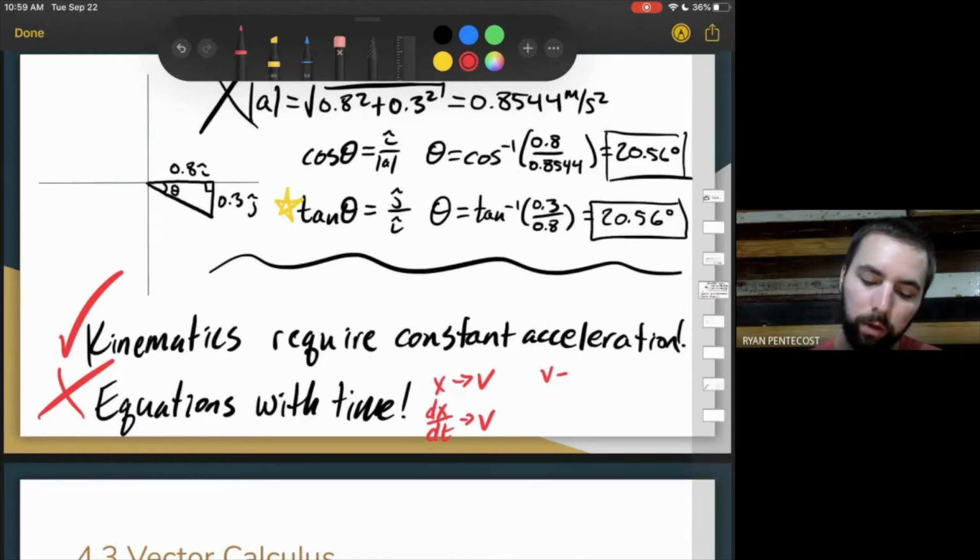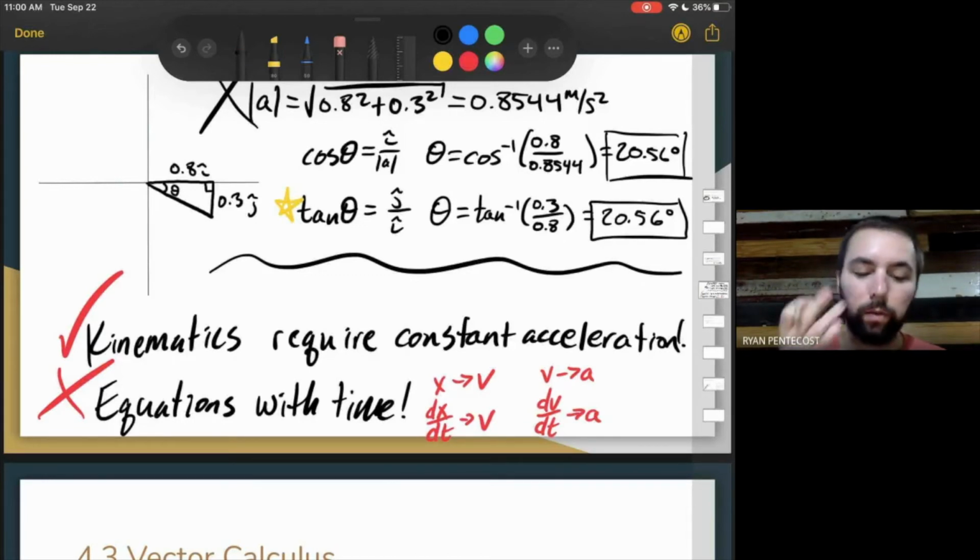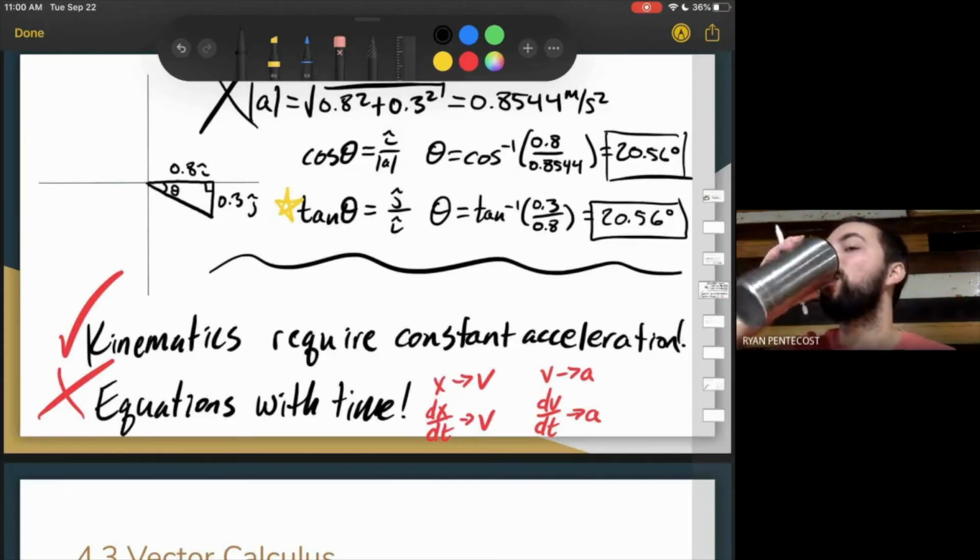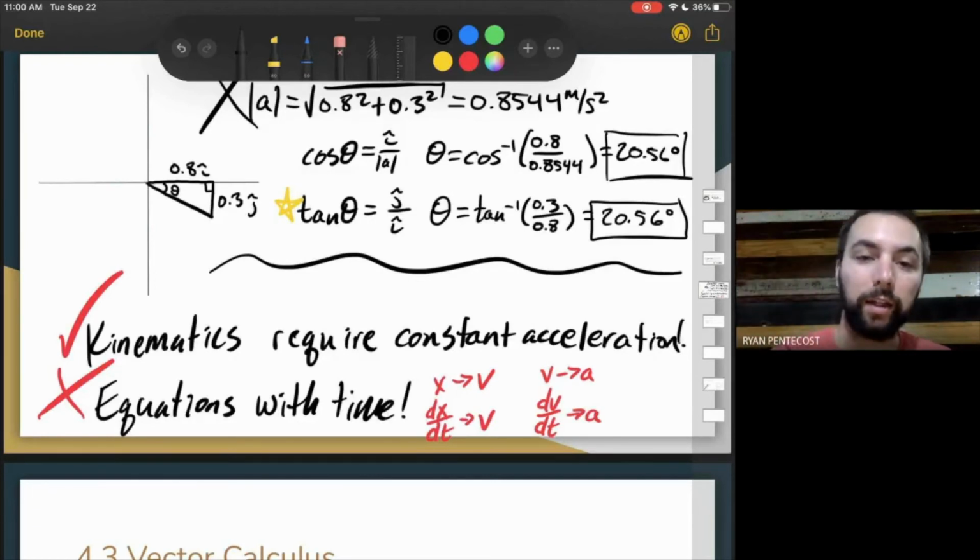Same if you want to go from velocity to acceleration, take the derivative of velocity with respect to time to get acceleration. But if there's no time, you can't do the derivative, which is an issue, because you guys can't do integrals yet. We haven't gone over that. You might be able to, I guess. I shouldn't say you can't. Some of you are probably more than capable of doing it. I just haven't gone over it yet.